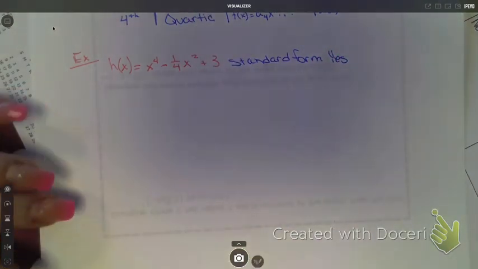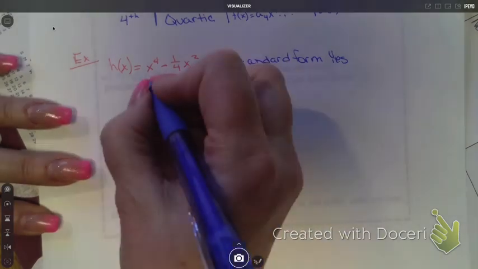But I want us to fill in the gaps. Terms are separated by addition and subtraction, yes? What is the only number I can add or subtract and not change anything? 0. So I'm going to fill in my blanks.